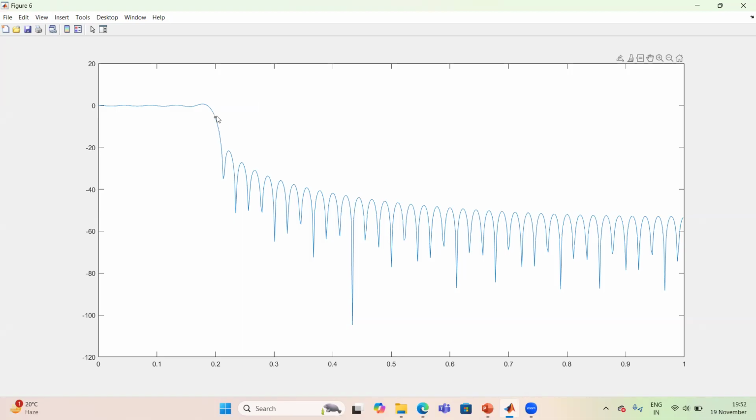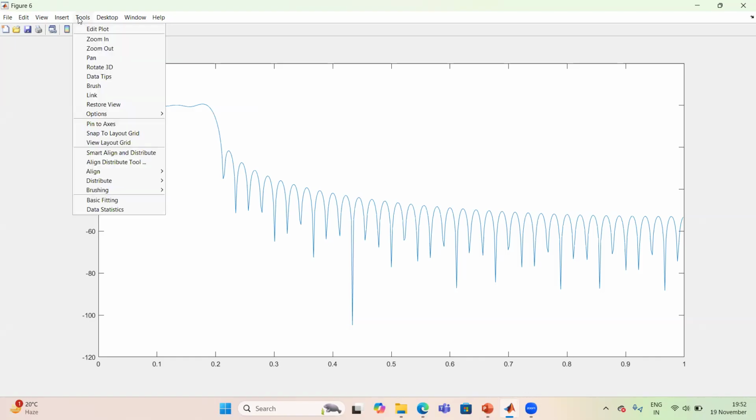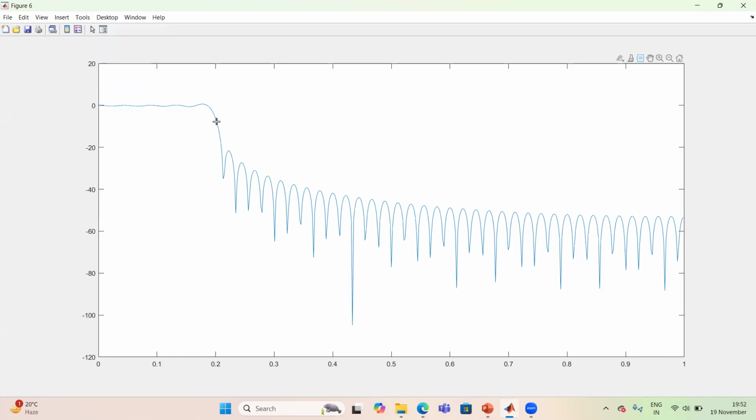Now here you can see if we choose these data tips, what will be the gain offered by the filter when the stop band is reached. Now it is 0.20 and now 0.208. Now just see this particular value. This is very interesting. Here you can see at this stop band 0.2109, the gain offered is minus 23 dB.